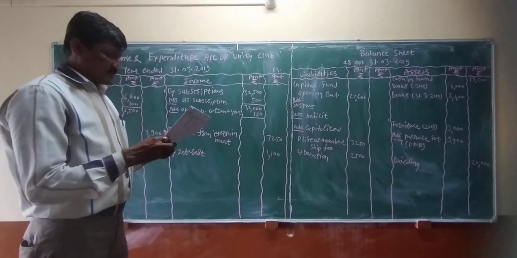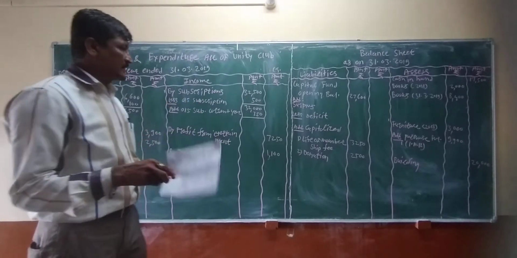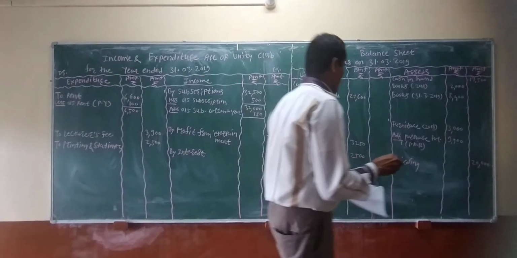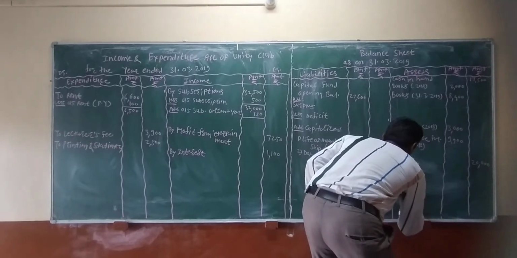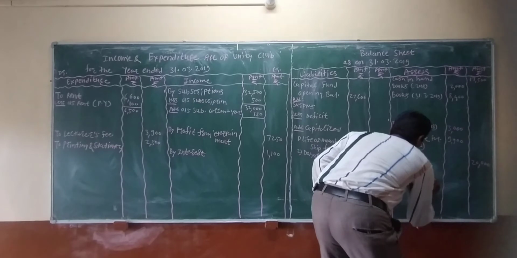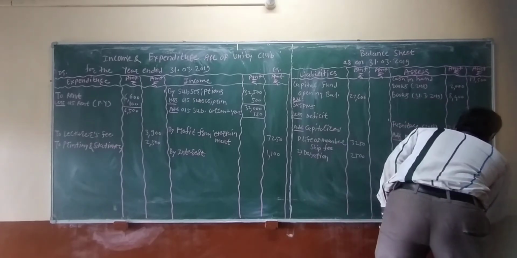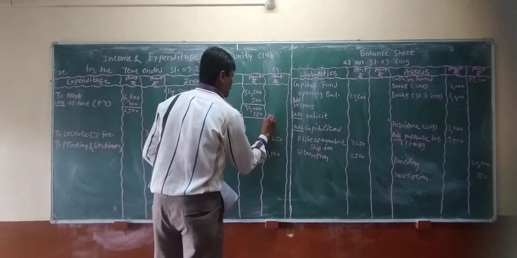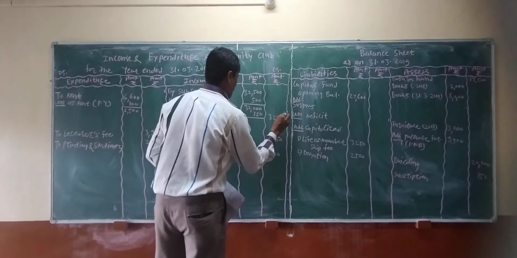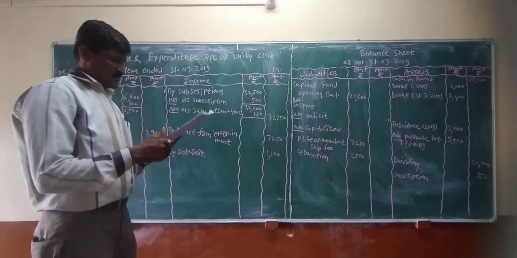You can show the 750 amount on the asset side. So one adjustment is completed. 32,750 you can transfer to the outer column amount.